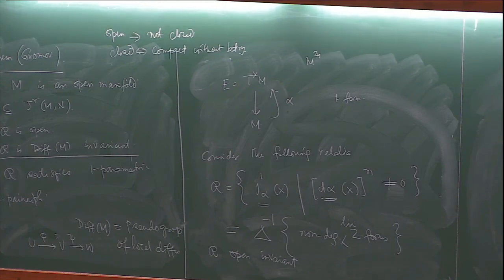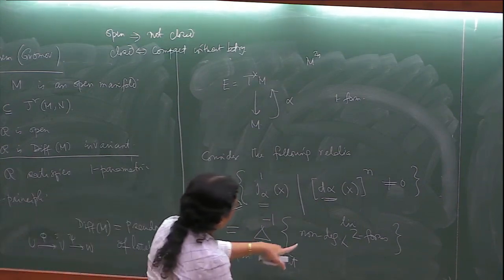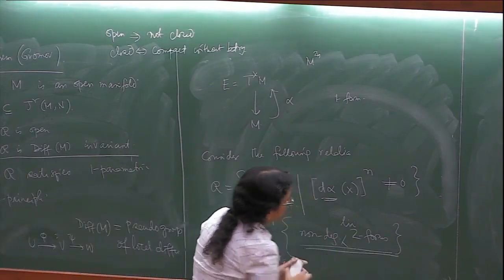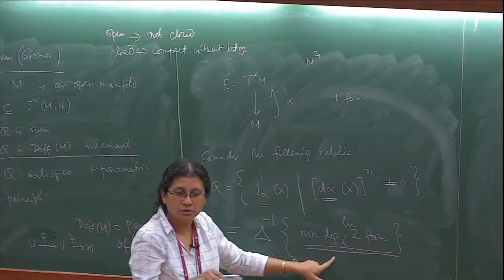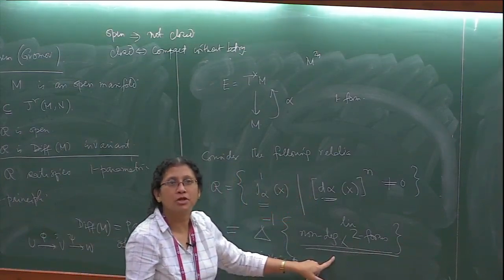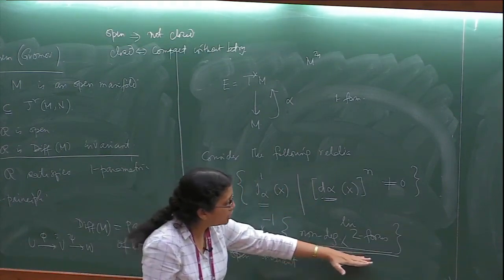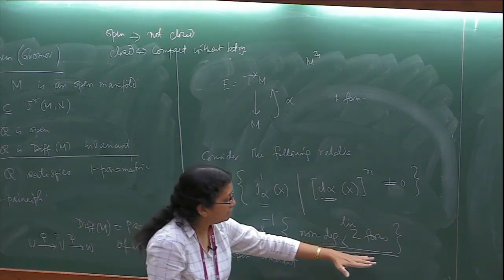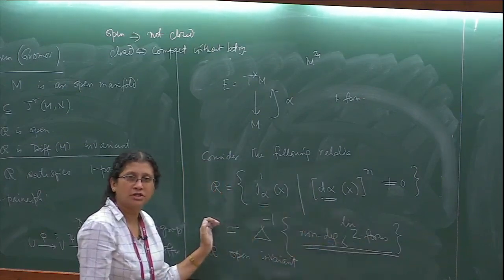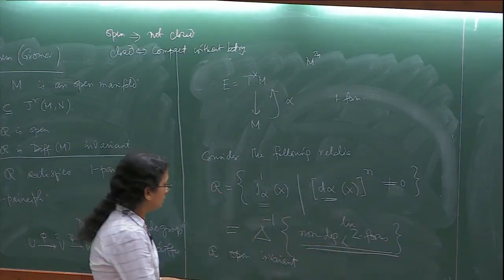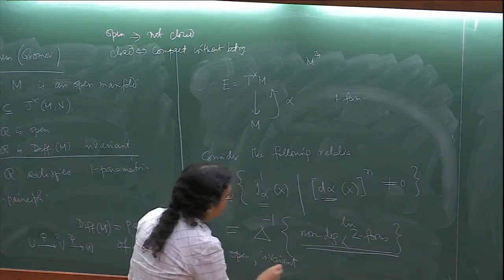So, right hand side, if you look at this set, non-degeneracy is an open condition. Something is non-degenerate, something close nearby will also be non-degenerate. So this is a non-degenerate diff invariant subspace. When you come here, that is still non-degenerate and diff invariant. So R is open and invariant.